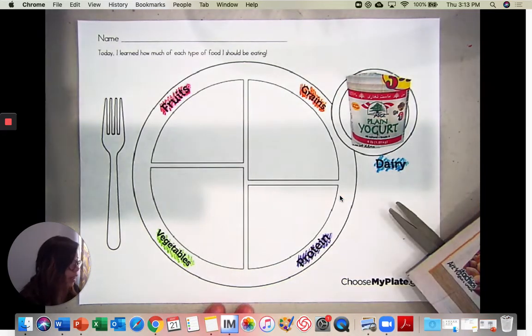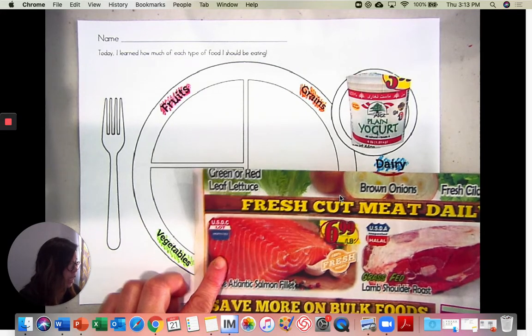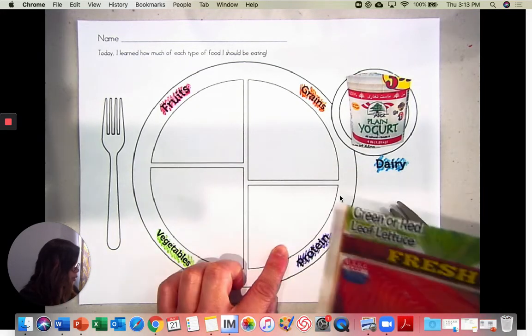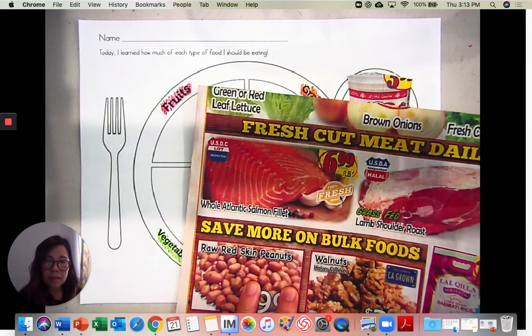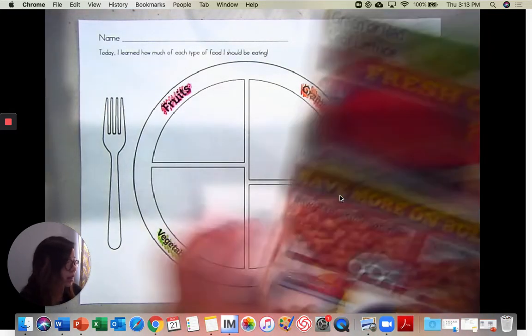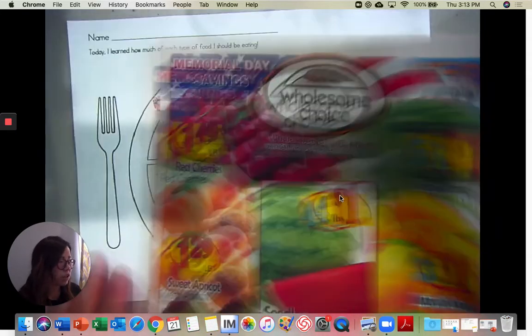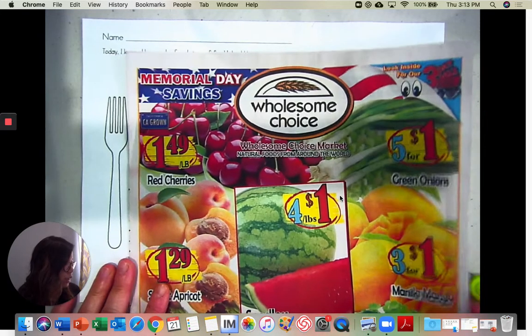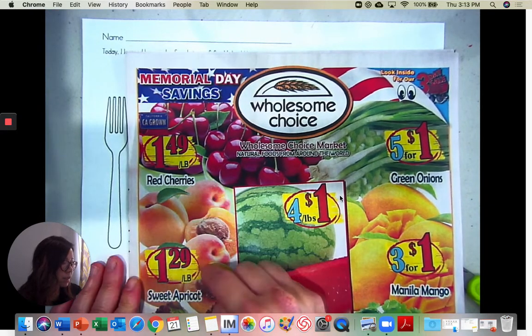Okay, so let's see. I see some salmon here and that could go under protein. Nuts are sometimes considered protein, so I could cut these out and put it here. But let me see if I can find any vegetables. So I flipped it over, and ooh, here's the mango and cherries and apricots.